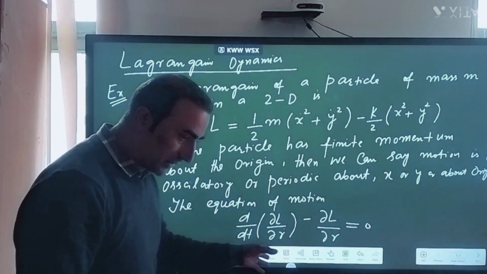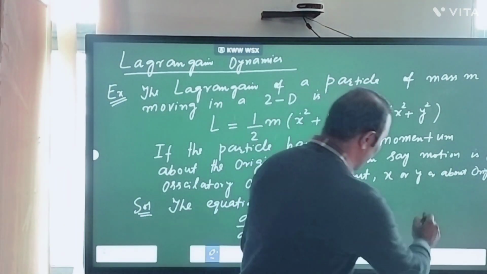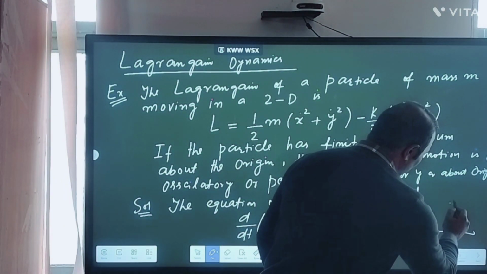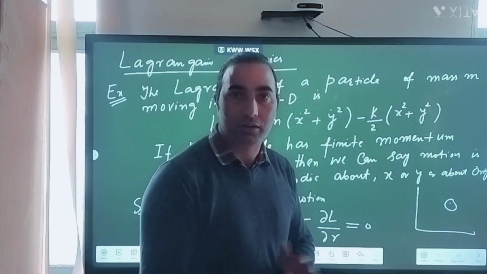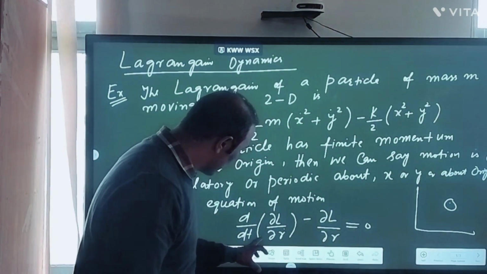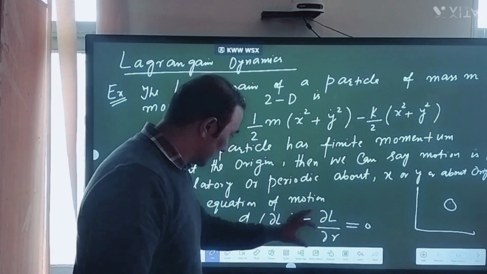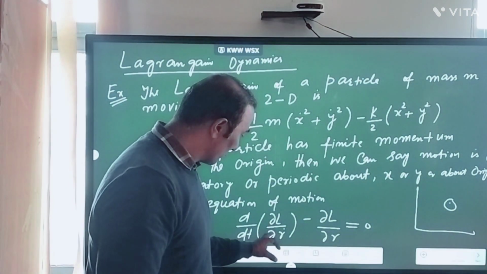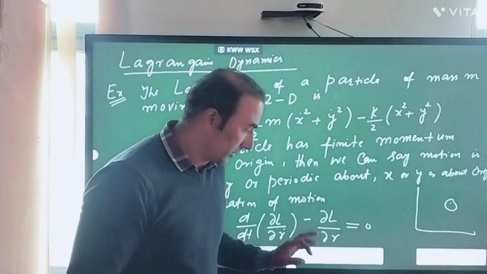Because r is basically, we are saying that the motion of the particle is in a two-dimensional plane, so it can be along y or along x, right? So first I will solve this equation of motion and write what should be our partial L by partial r dot for this, right?